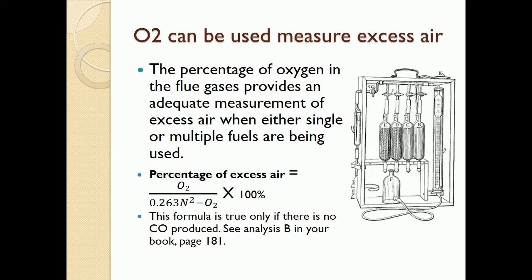The percentage of oxygen in the flue gases provides an adequate measurement of excess air when either single or multiple fuels are being used. Percentage of excess air equals O2 divided by (0.263 minus O2) times 100%. This formula is true only if there is no CO produced.